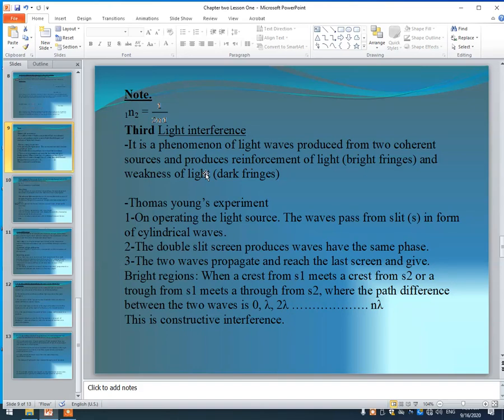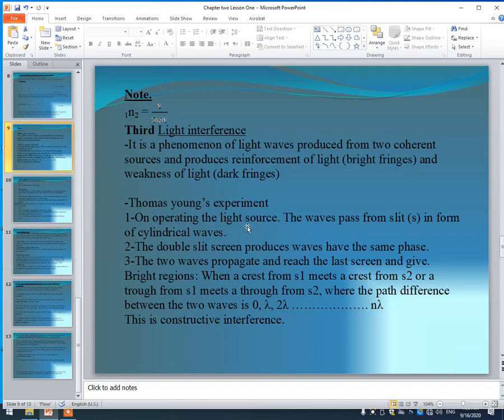The scientist who studied this process was Thomas Young, in Young's experiment. Number one, on operating the light source, this light source should be a monochromatic source. What is the meaning of monochromatic source? This means it has only one wavelength.